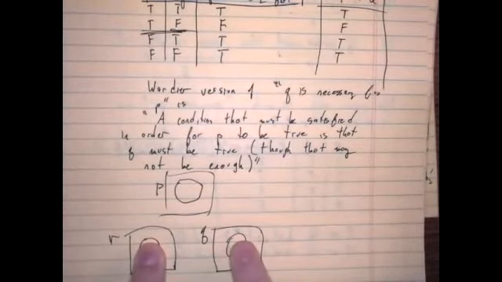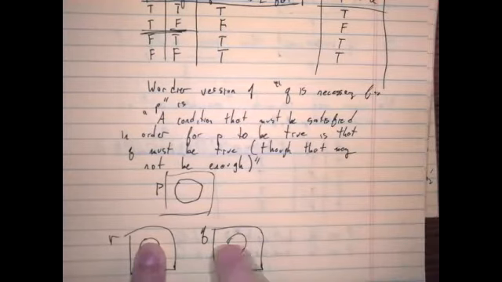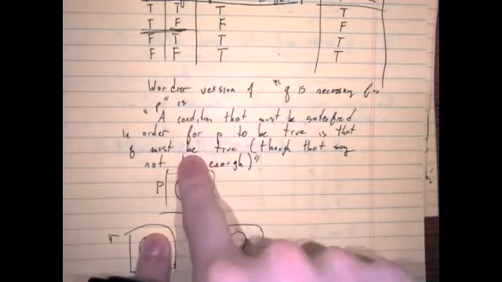And if you press these two buttons, and pressing a button is the same as being true, then you can unlock P, and then P can possibly be true.